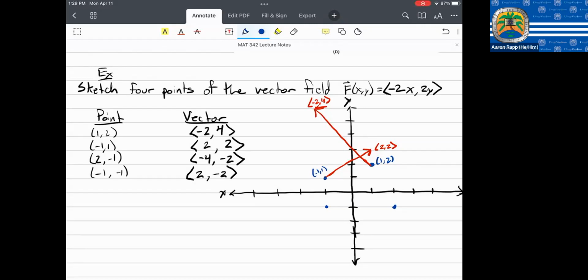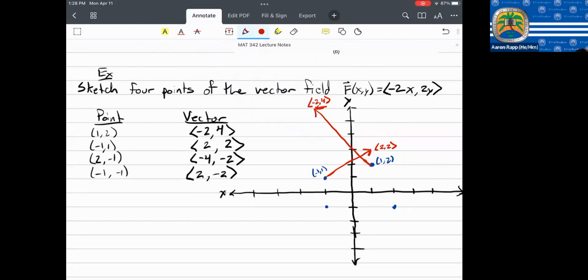It doesn't matter, because every point you get, you're going to get a vector. It doesn't necessarily matter what order I go through these. It's just top to bottom from the list that we made. All right, what about at 2, negative 1? What's my vector? Negative 4, negative 2, which means I'm traveling to the left on the x-axis 4 units, and then down on the y-axis 2 units.